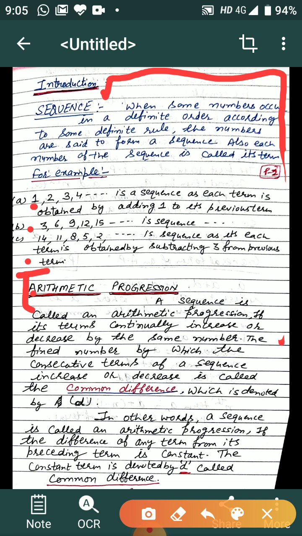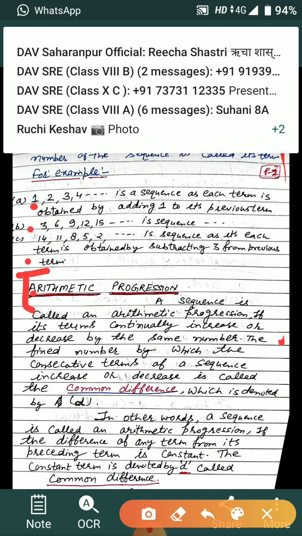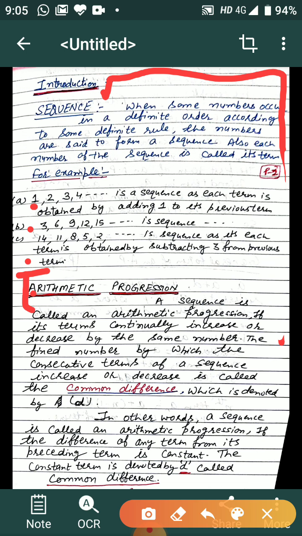Again we subtract 6 from 8, we get 2. This means there is a fixed difference if we subtract the previous term from the next term, the predecessor from the successor, and the fixed difference is called the common difference, which is denoted by d.